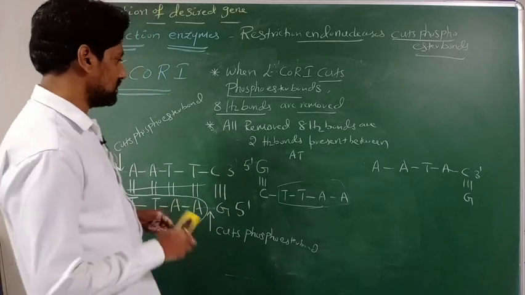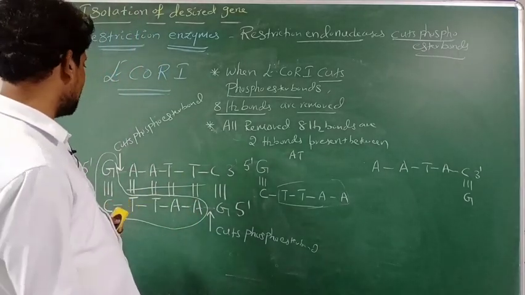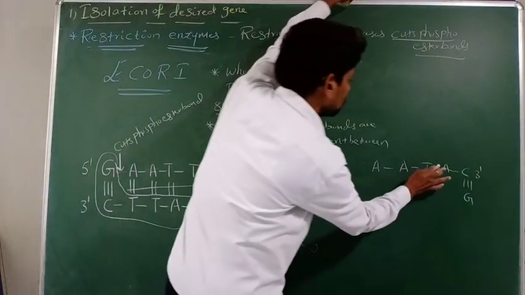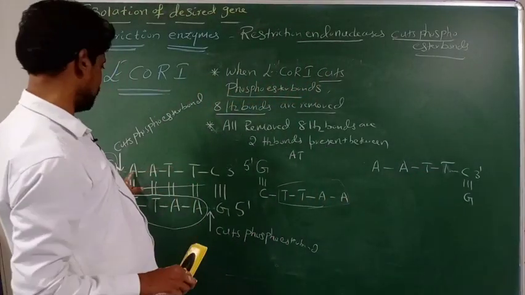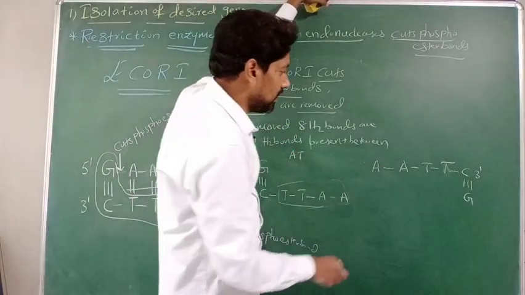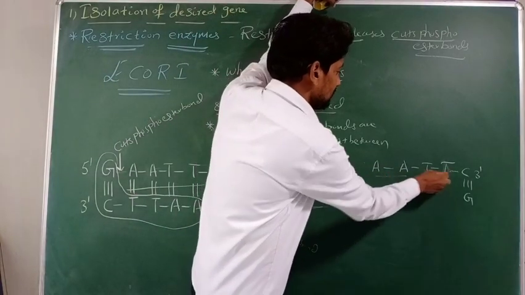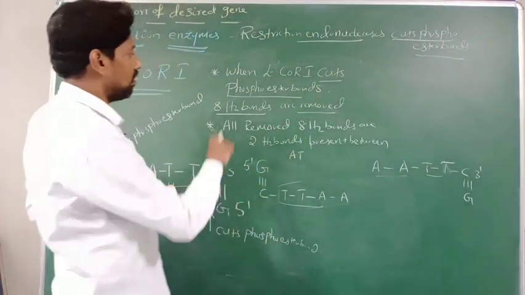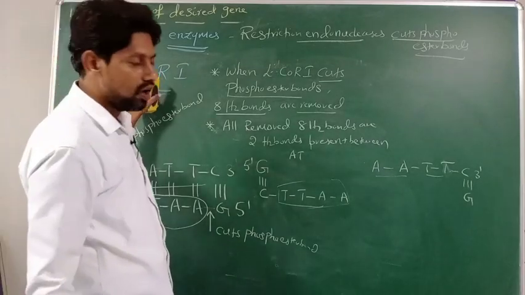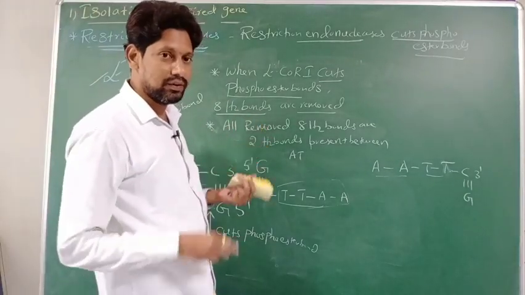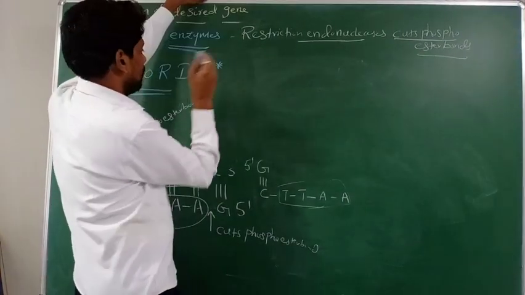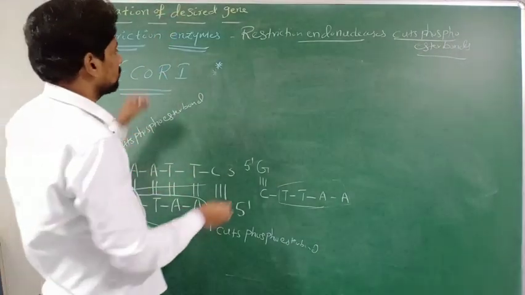Out of these 4 unpaired nucleotides, A, T, T, right. Therefore, out of these 4 unpaired nucleotides, 2 are A's and 2 are what? T's. All these statements concern what we are discussing, EcoRI. Now listen here.